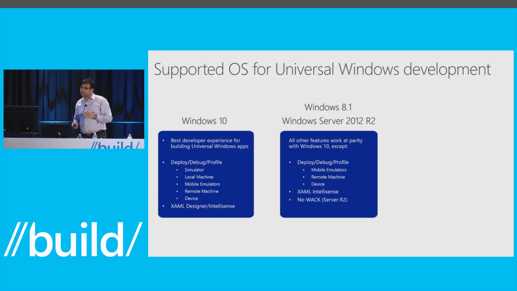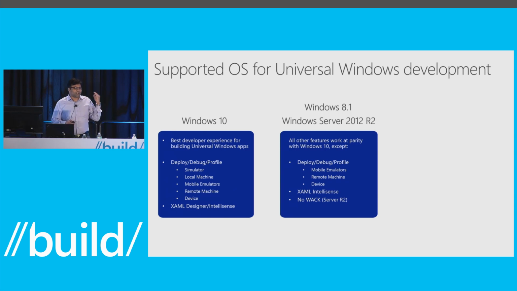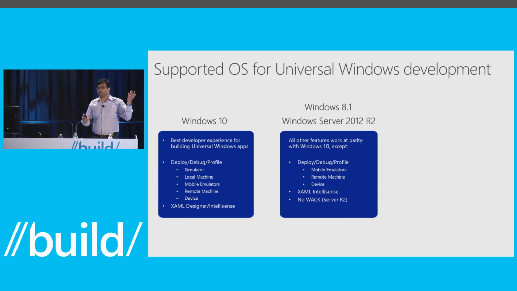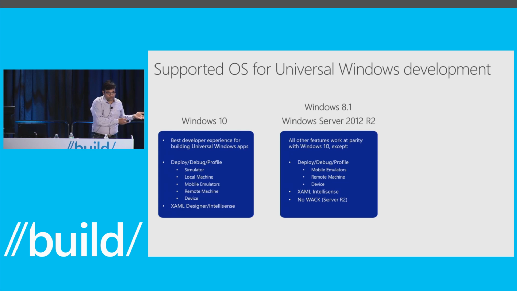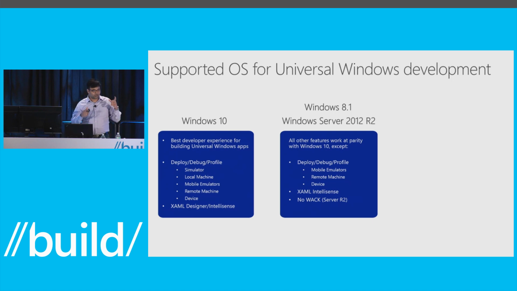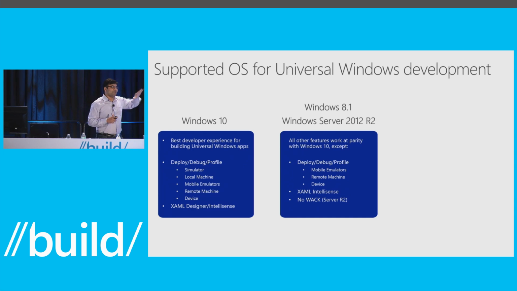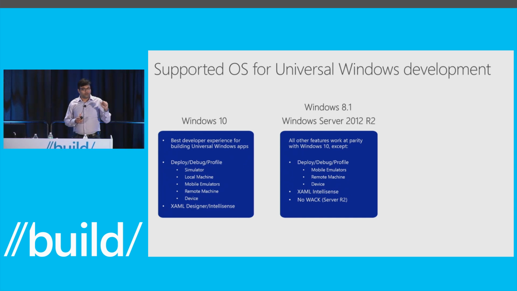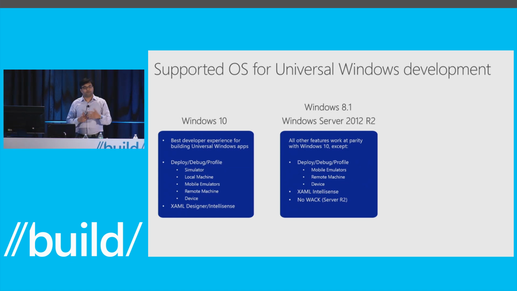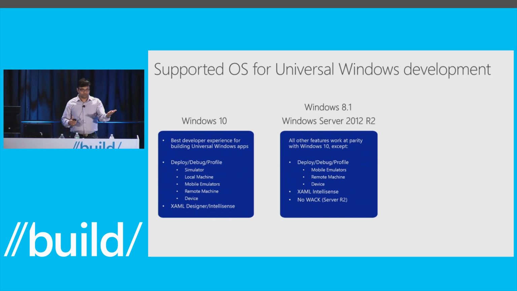Because it's the previous version of the OS, the experience will be slightly degraded. As an example, you will not have simulator and local machine as deployment targets because you cannot run a Windows 10 application on Windows 8.1, right? Similarly, the XAML Designer uses the runtime OS to render the application, so it will not be available when you are running on Windows 8.1. But we will instead give you a full XAML editor view with XAML IntelliSense, both for platform and custom types, and you can use that to build your application.